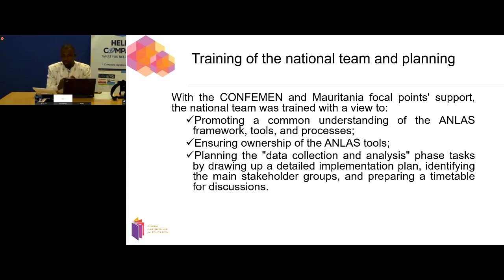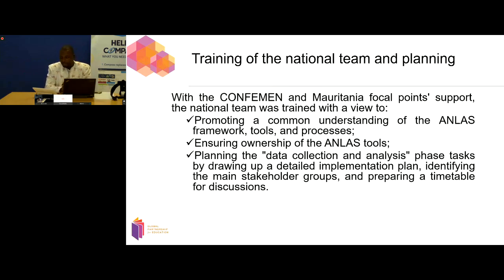It enabled the national team to have ownership of the ANLAS tools. We should note here that we had a lot of documents that first we had to translate from English to French. And Confemen dealt with it, and then we had to train the national team so they would have ownership of all the documents and of the process for the implementation of this pilot phase.